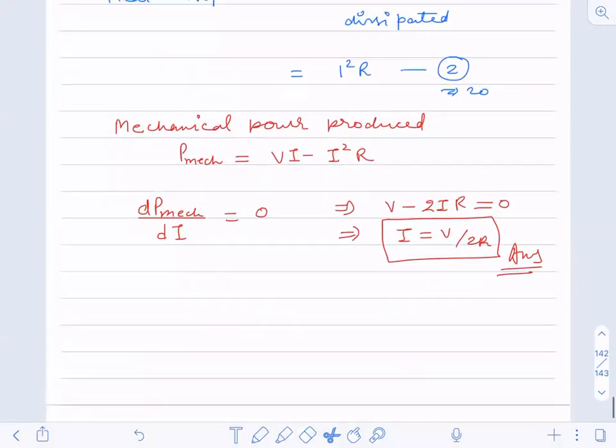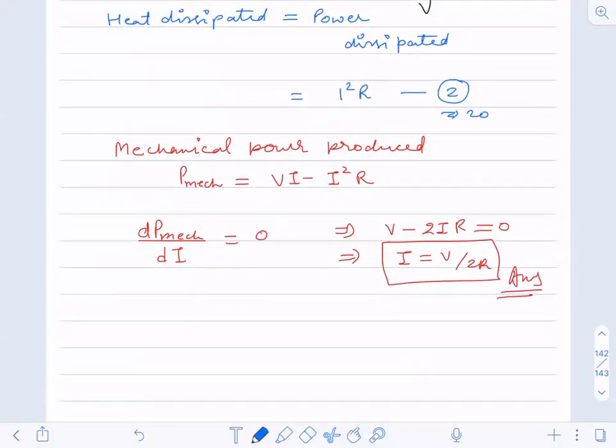Now, if I substitute the I value in power dissipation, because you are calculating for the maximum case, you can write it as maximum power dissipated.